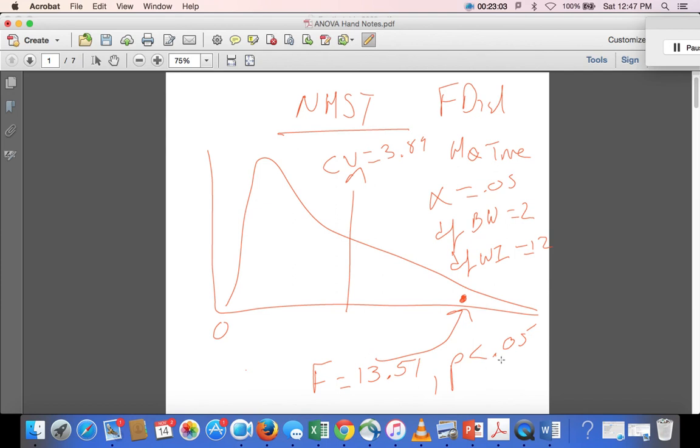But at least here to play it safe, since we are not looking at the unit normal table, we're just going to say that p is less than 0.05. Because remember, whenever we say p is less than 0.05, we always say reject the null. So in our particular case, we're rejecting the null hypothesis because my statistic landed in the region of rejection. P less than 0.05 confirms that.